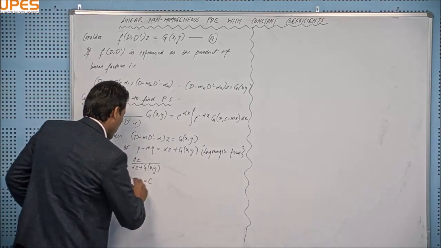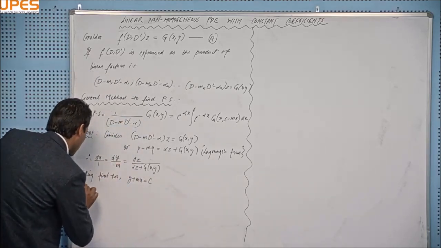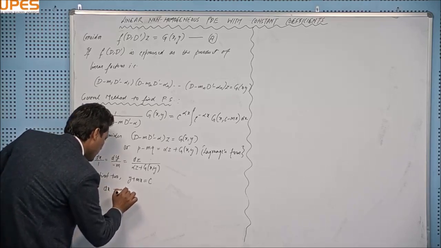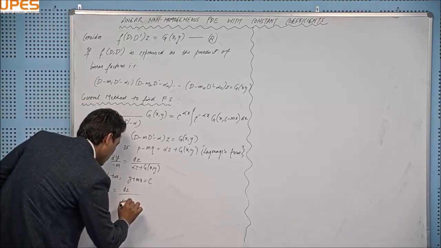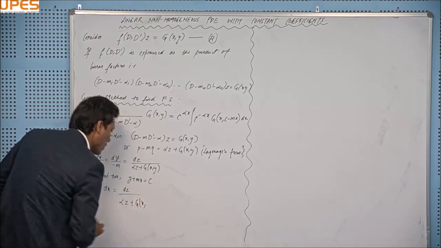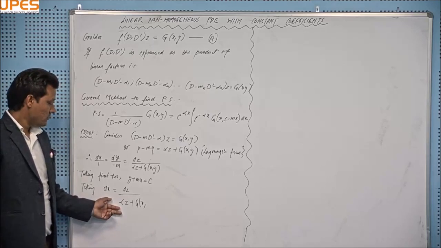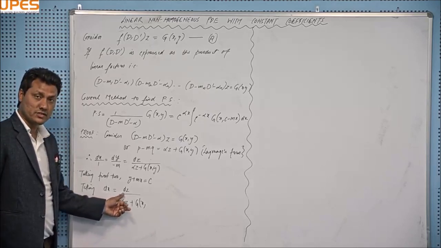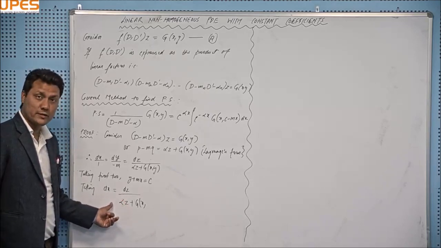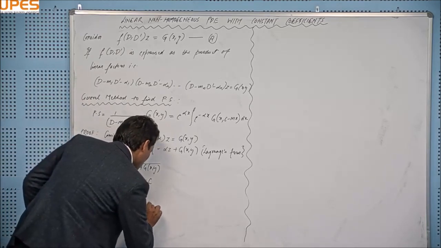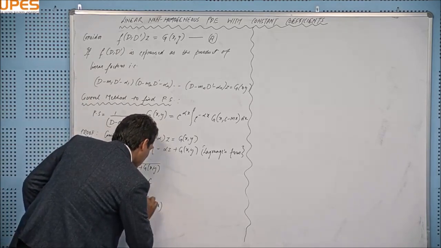Taking first and third, dz over αz + g(x,y), but I don't need y here because we have to integrate with respect to x and z, so I should replace y by c - mx.